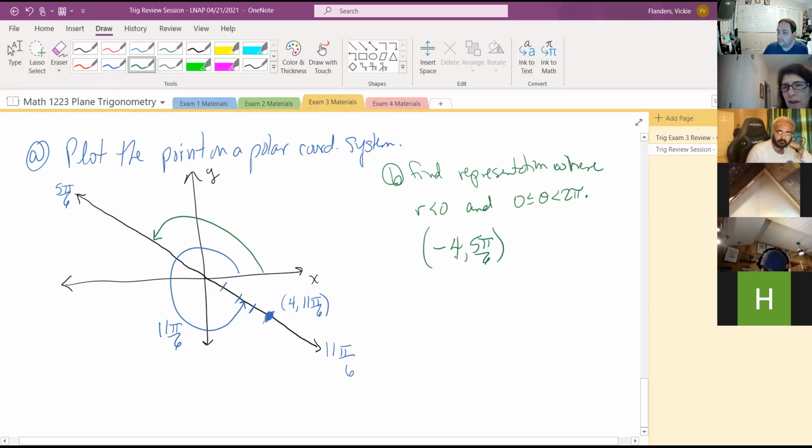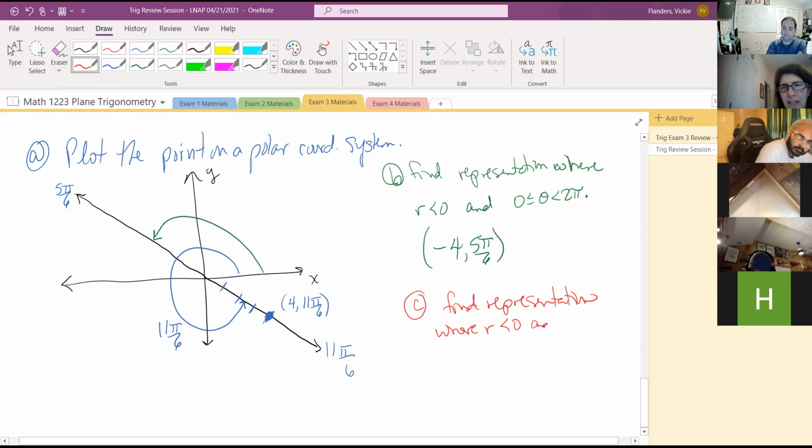And then let's do another notation. I can graph that one out real quick too. Okay, let me do one more. Let's find a representation where r is negative and theta is negative.